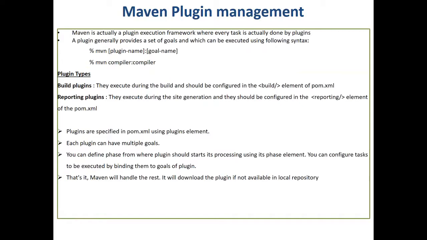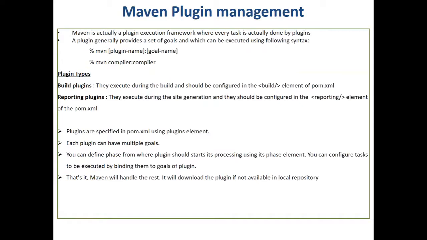So for example, let's say I am doing compile and I'm doing testing. But after doing the testing, I don't want to go directly to the package step. Maybe I want to connect to some database and I want to update some data before I create a package. Now, by default, Maven's lifecycle doesn't have anything, because after the compile, it will call test, and after the test, it is going to call the package.